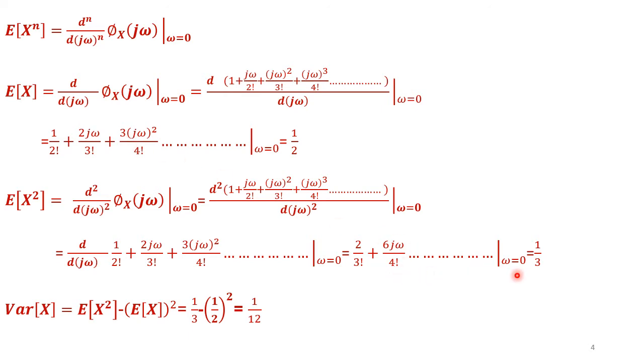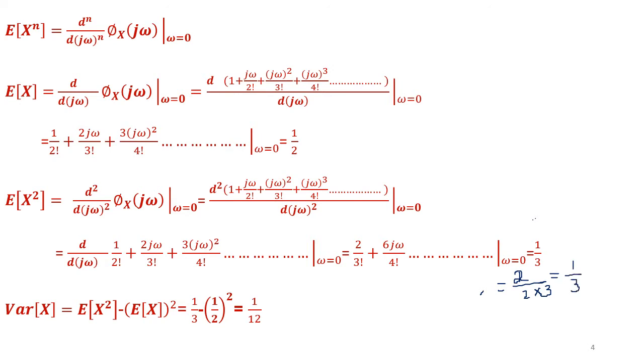Then I substitute omega equal to 0. All these terms cancel out and I am left with only 2 divided by 3 factorial, which is 2 divided by 2 into 3. Therefore I get this value as 1 by 3.